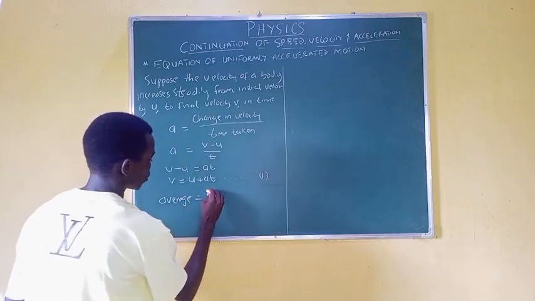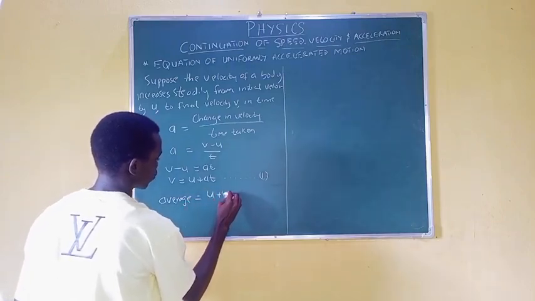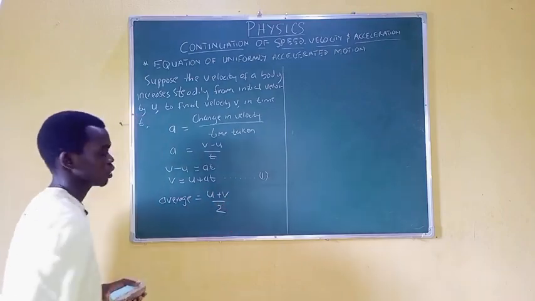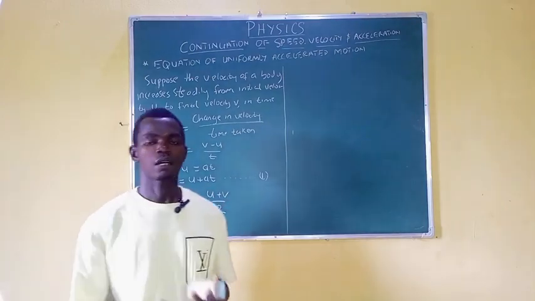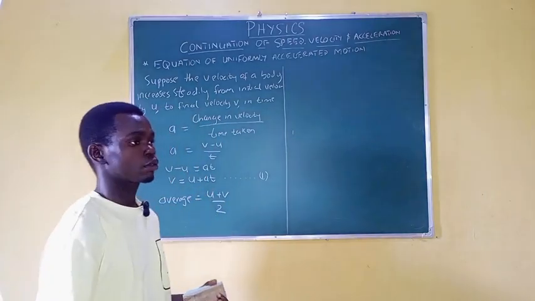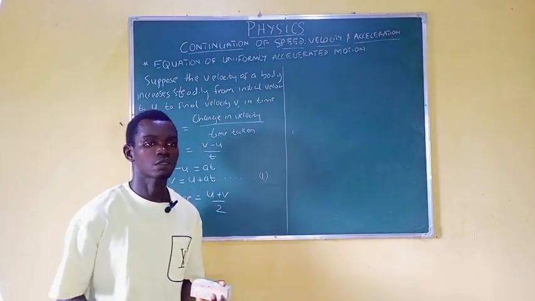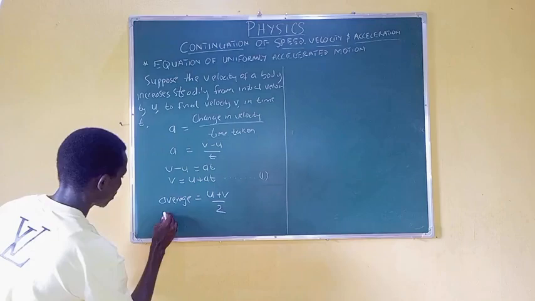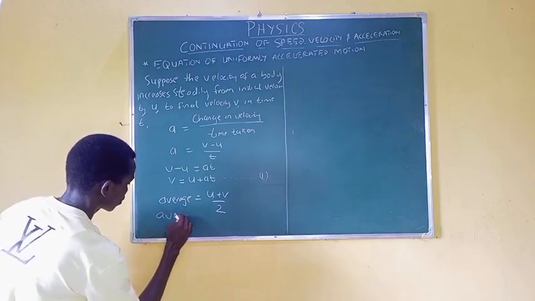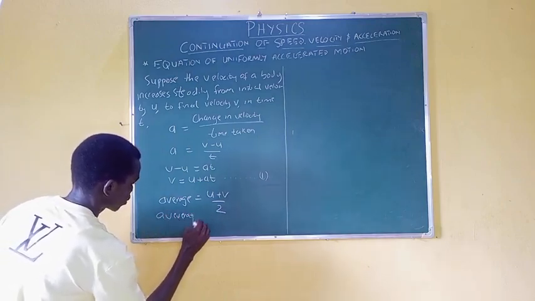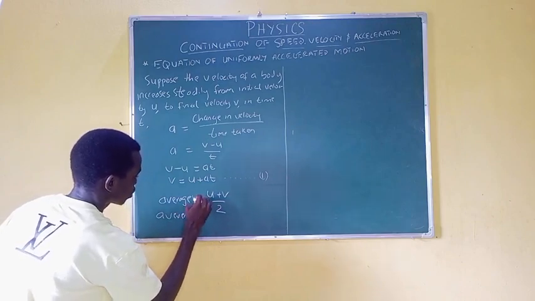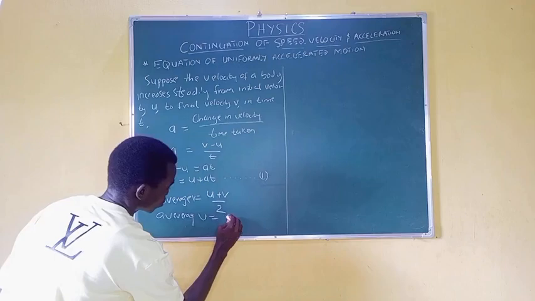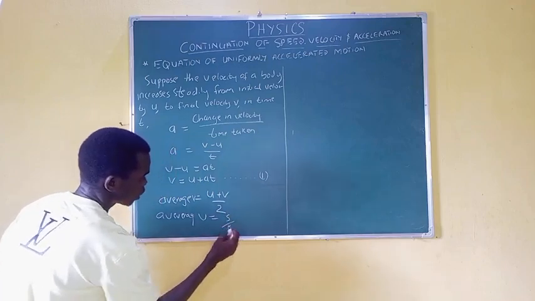We also know that average velocity is equal to displacement over time.